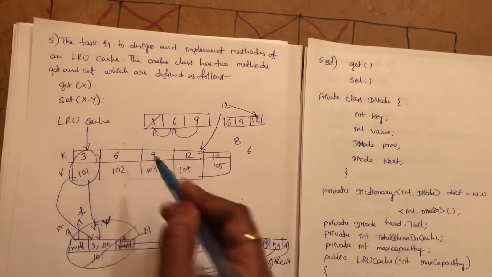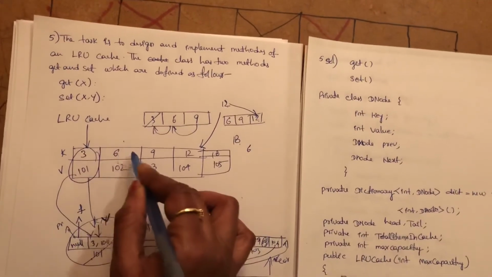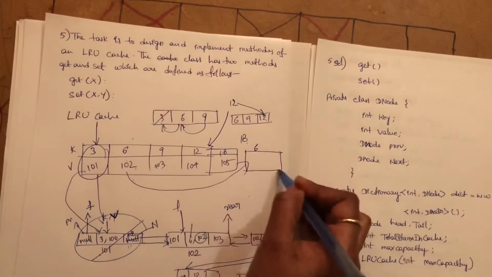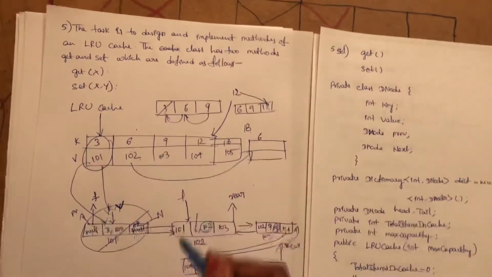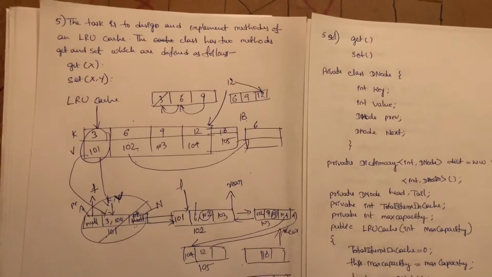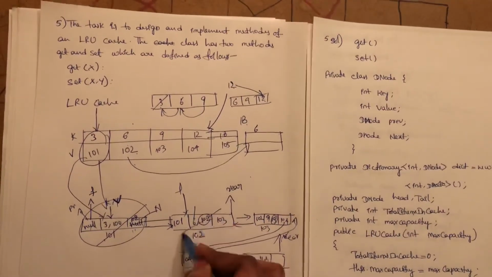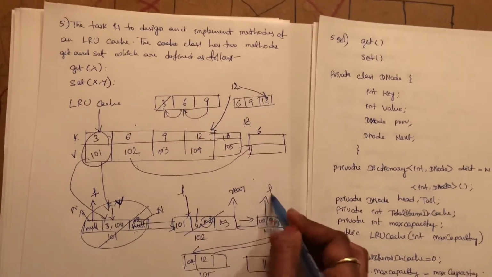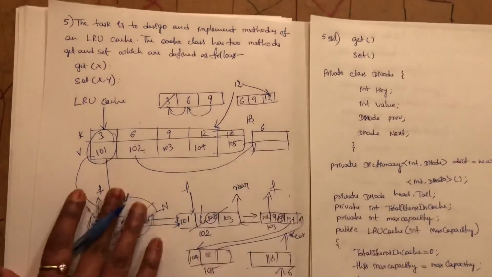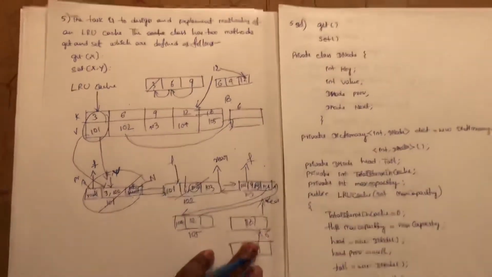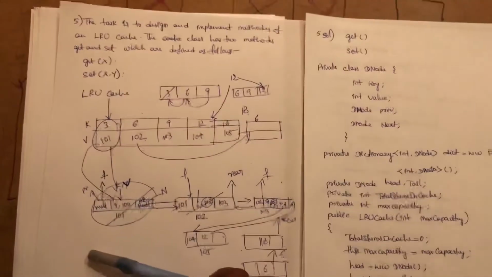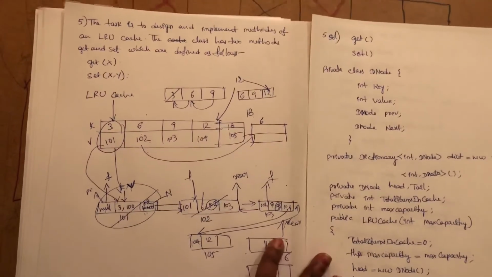If it is already there, we just take this node and move it to the most recently used position. Then the front will become this one, and the rear will become the 6 pointer. So this is how we implement the least recently used cache problem.